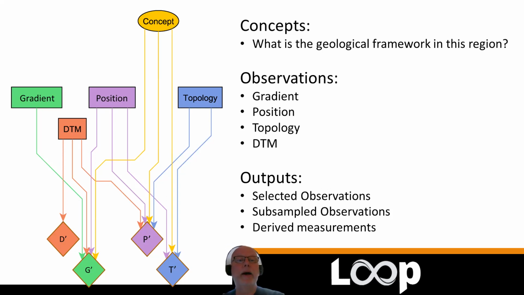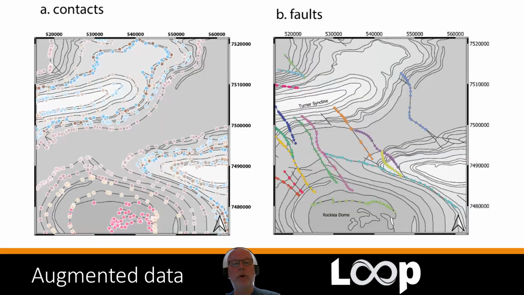These data and concepts are then combined in various different ways to produce augmented data sets we can then feed directly into 3D modeling packages. So what sort of data do we get out of this? This augmented data might look like the contacts between units, which at first sight might seem to be a simple task, but in fact what we have to do is get the X and Y from the polygon layer, the Z from the digital terrain model.